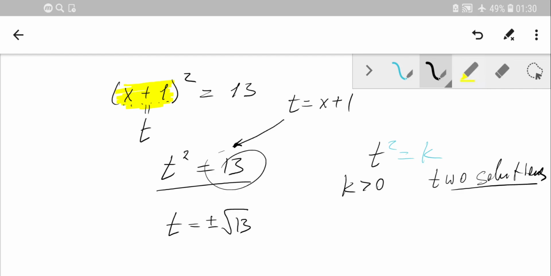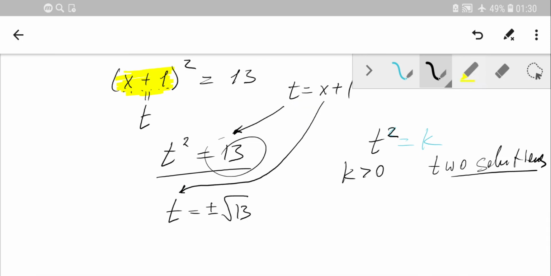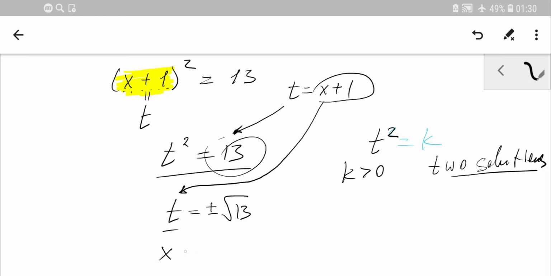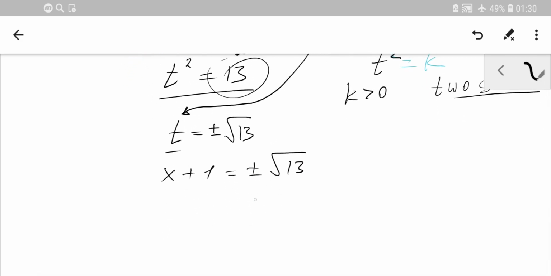But because your final answer should contain x, not t, just come back and say, instead of t, we have x plus 1. So you plug that x plus 1 in instead of t, and you set up another equation, which is simply a linear one. So x plus 1 equals plus or minus the square root of 13.